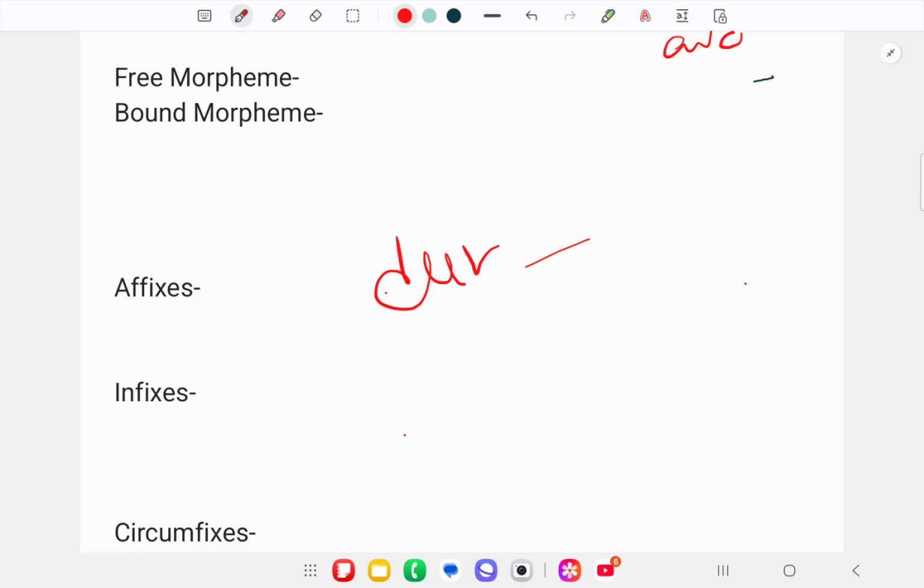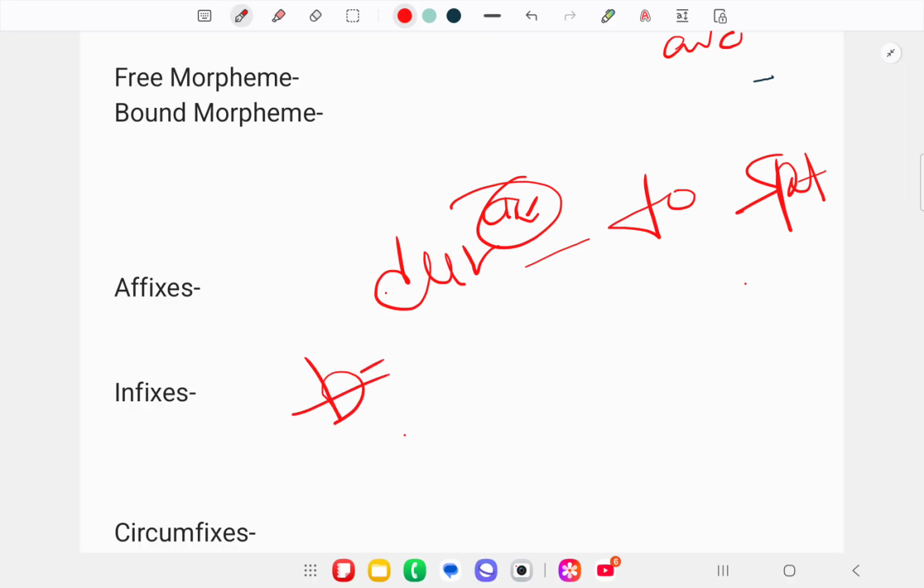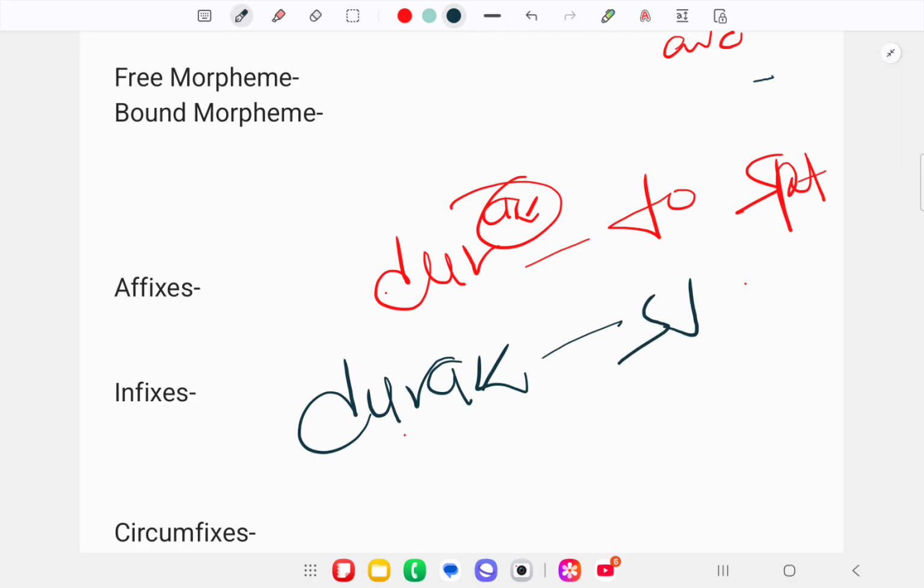Dur means to stop. But when they attach ak in the final position of the word, this becomes durak. Durak means stopping place.